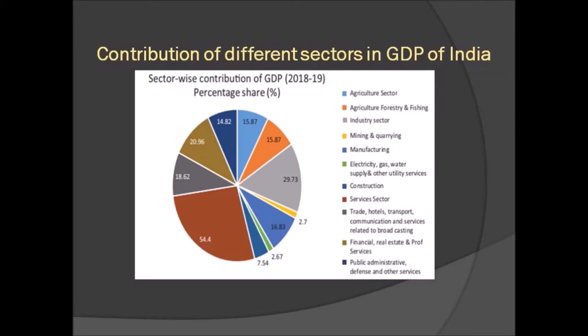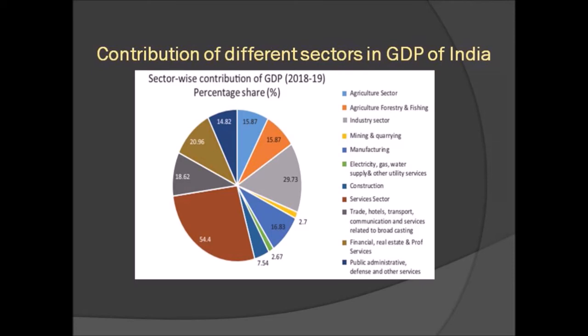According to the sector-wise contribution of GDP for the year 2018-19, the service sector is said to be the largest sector of India. As you can see in this pie chart, it shows the sector-wise contribution to India's GDP in 2018-19.